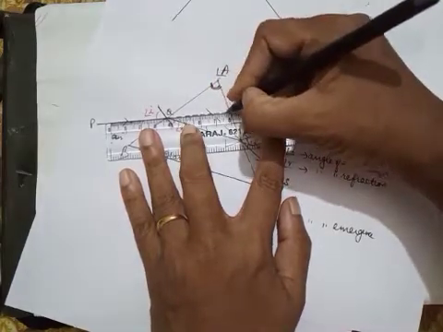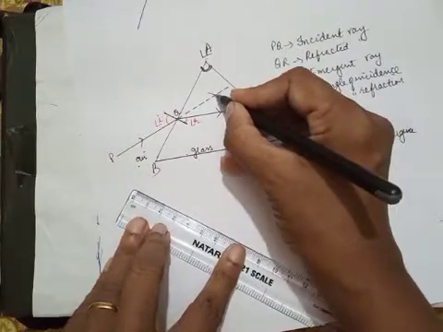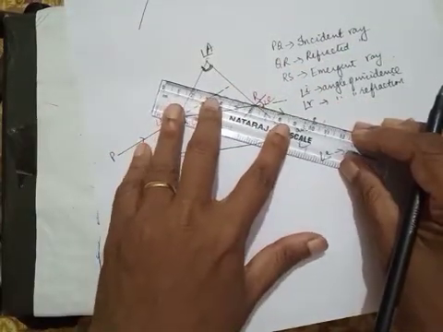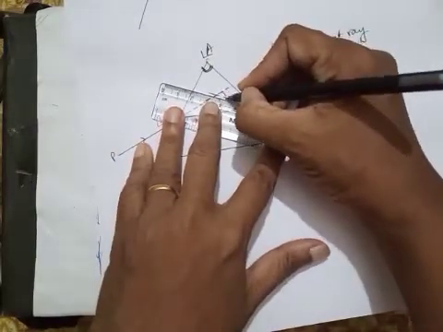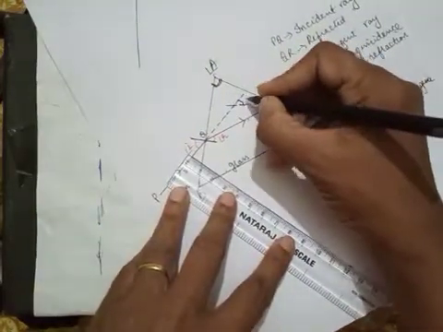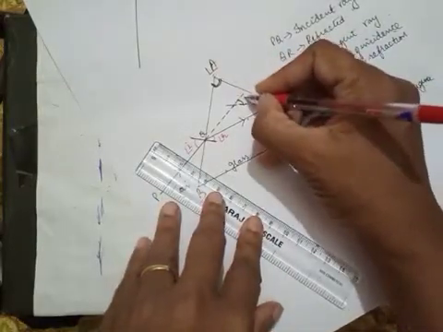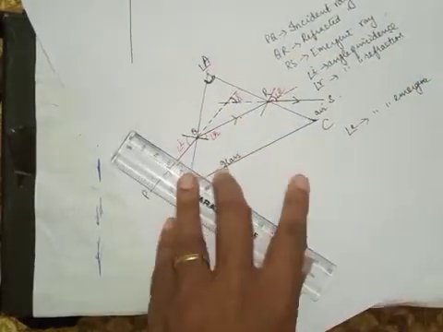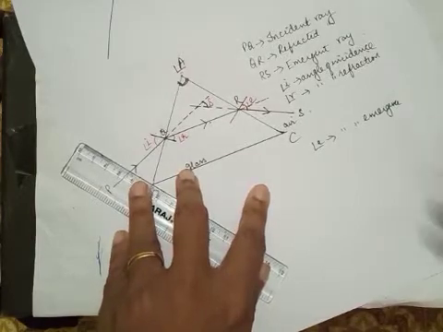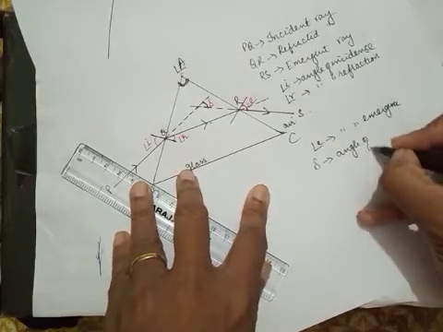The ray should have gone like this, but it is going in this direction. So whatever is the angle between the extended incident ray and the emergent ray, that is called angle of deviation, and it's represented by delta.